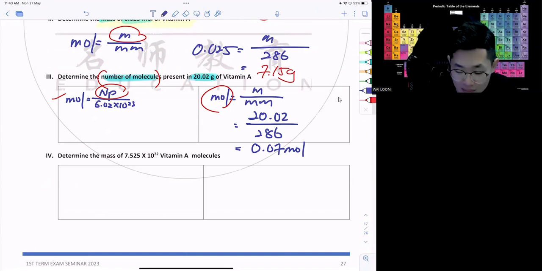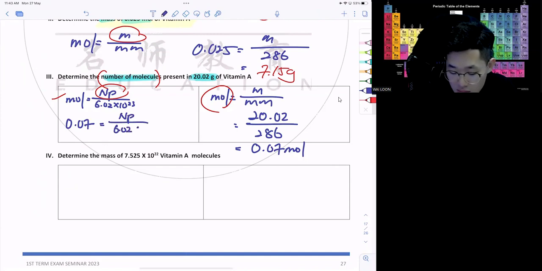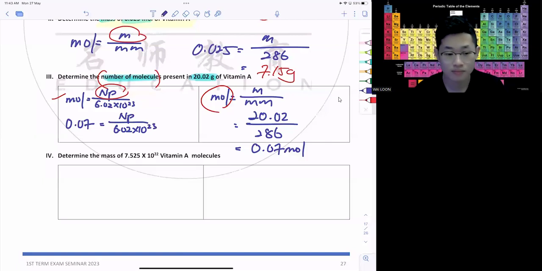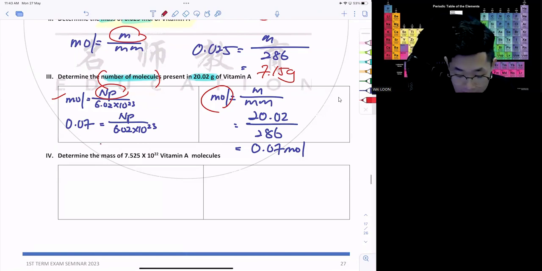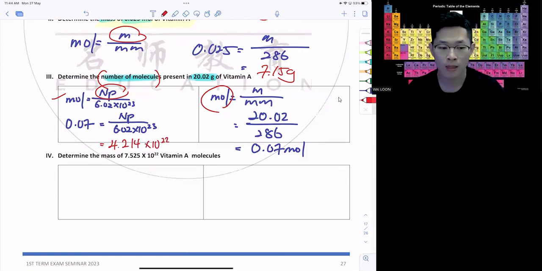Yeah, then I can sub the mole here to get the answer, 4.214 times 10 to the power of 22. And then unit, right? Okay, unit.